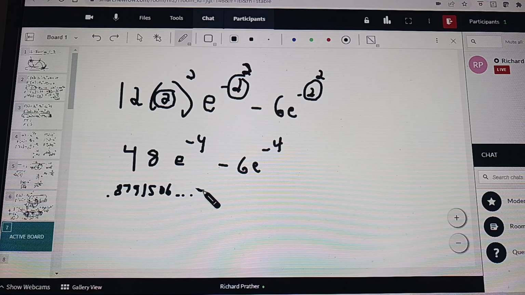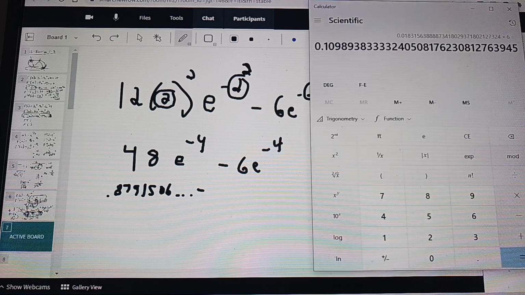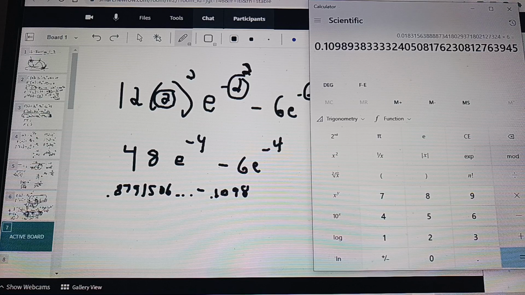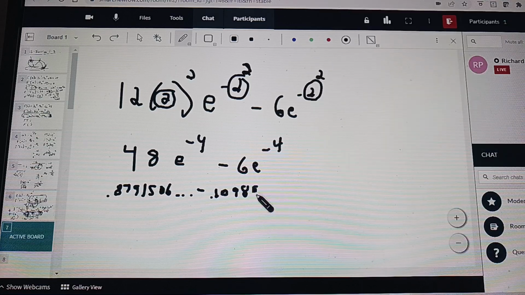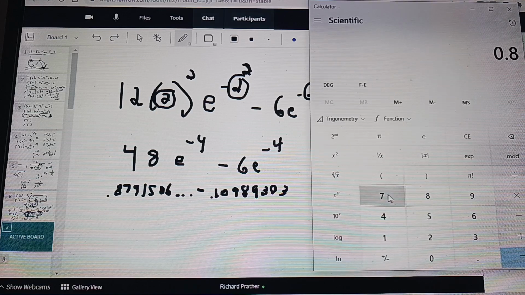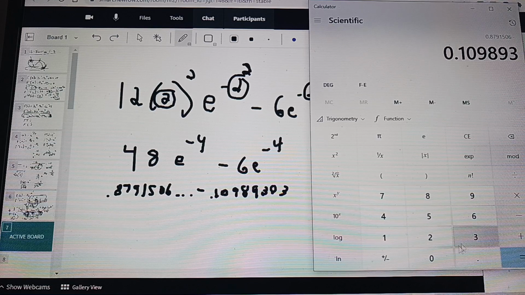So I need minus this decimal, 0.1098 9303. So 0.8791506 minus 0.10989303.